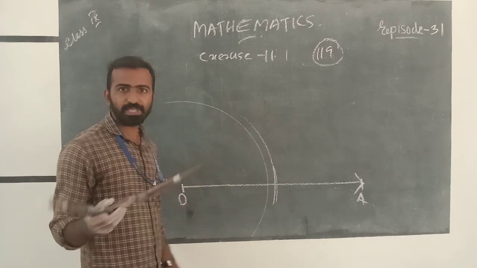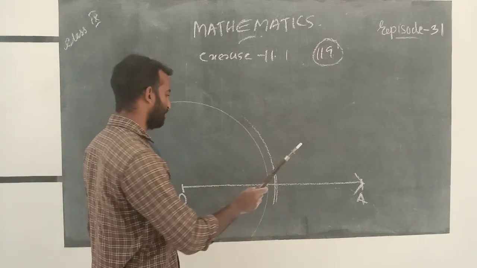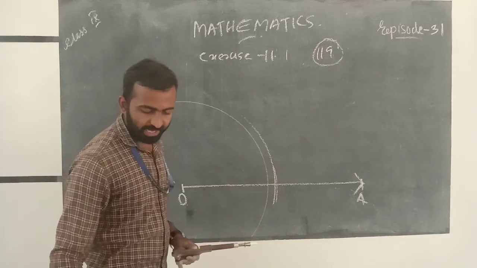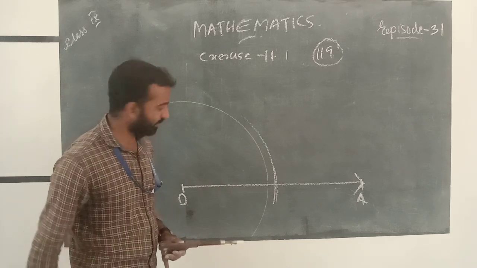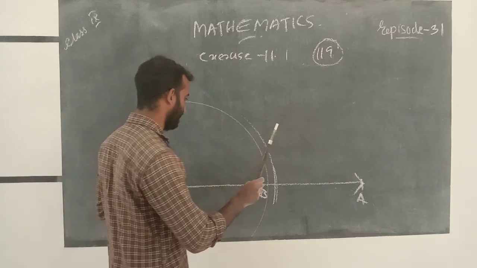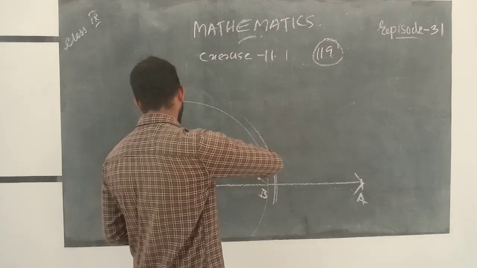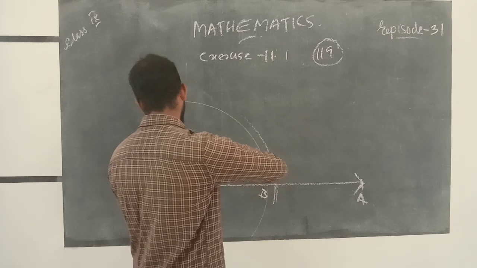Also same radius, 4 cm. We take B as the center and draw an arc.